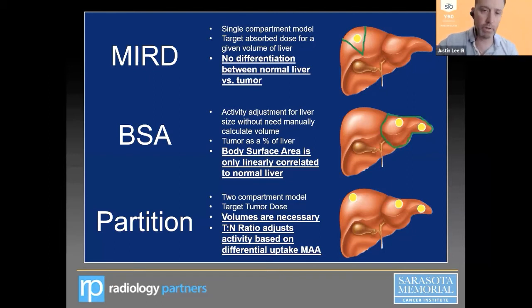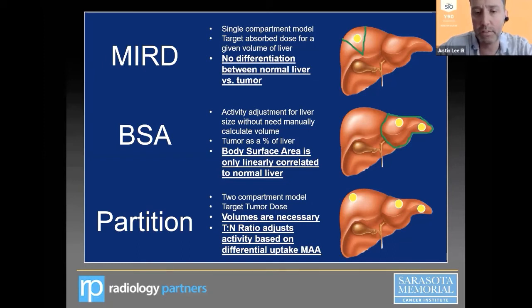But it's been used pretty effectively in the trials that Riyadh talked about, Foxfire and Sarah, for lobar dosimetry with multiple tumors in a given lobe. Partition is another step, and it's gotten a bad reputation because it does require a little bit more rigor in terms of calculating volumes, and the volumes are extremely sensitive and adjust your activities just with small differences, so you have to be able to do it accurately.